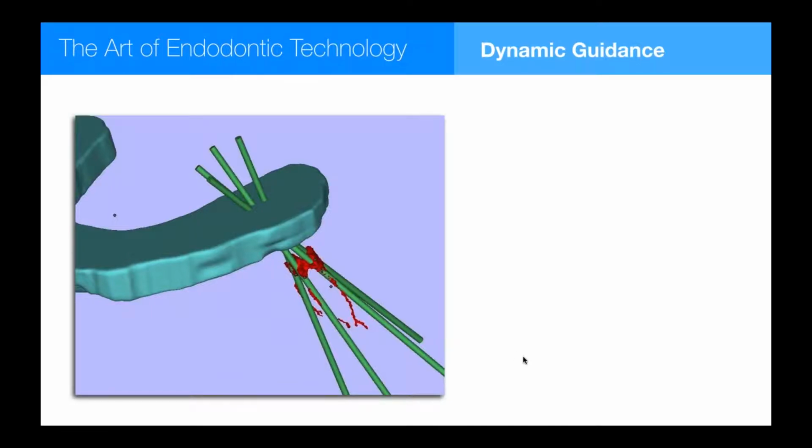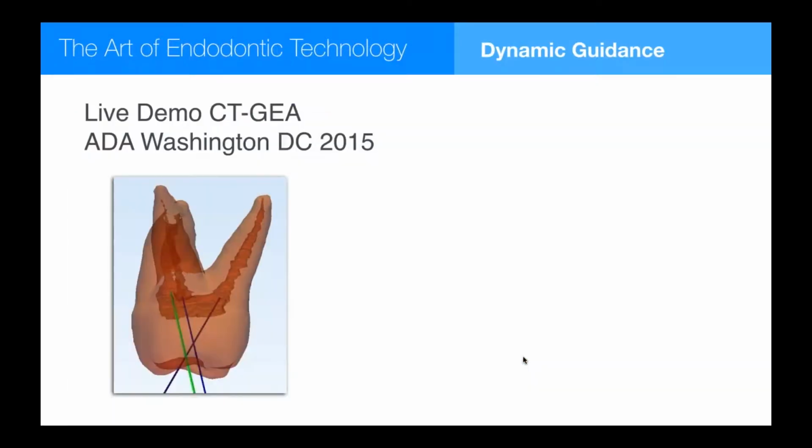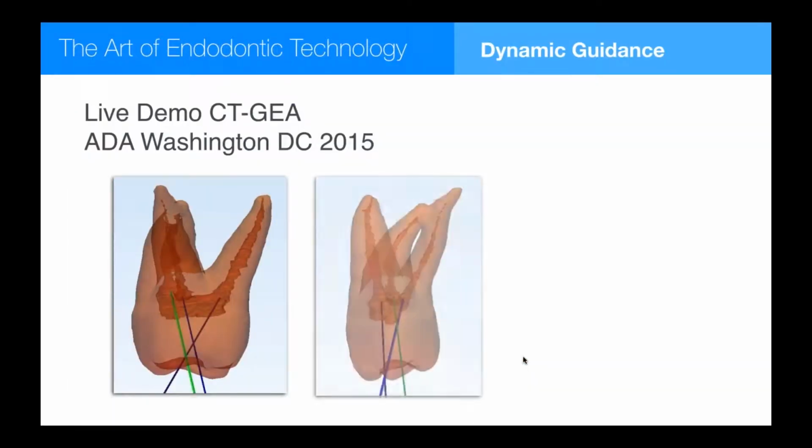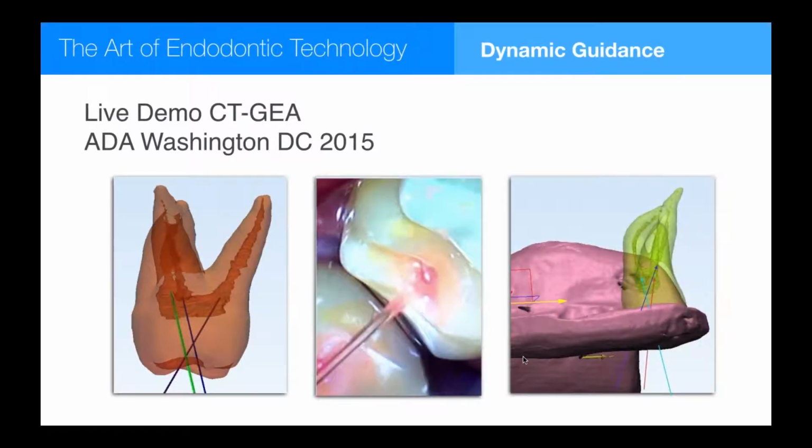This is my own second molar that had a cracked root, and we used it as an experimental subject. I've also made drill guides to use as a laser guide. This is one that I used to cut an access at the ADA meeting in 2015, and we hit the distal buccal canal perfectly. So guidance is good.